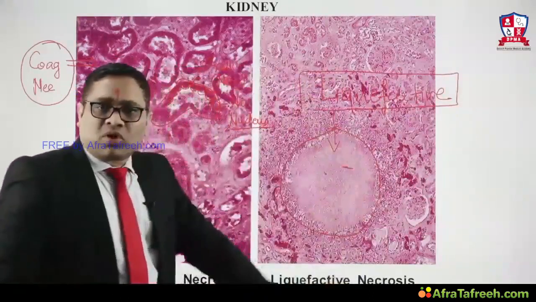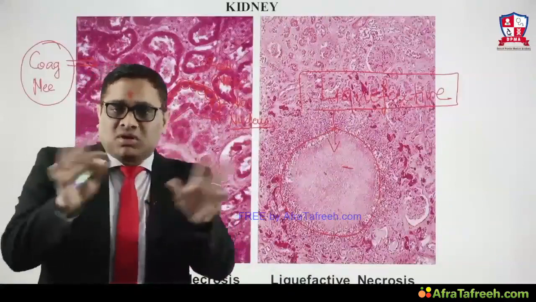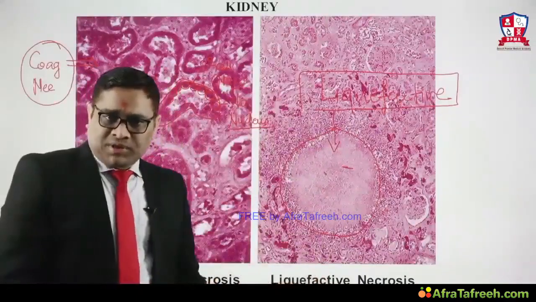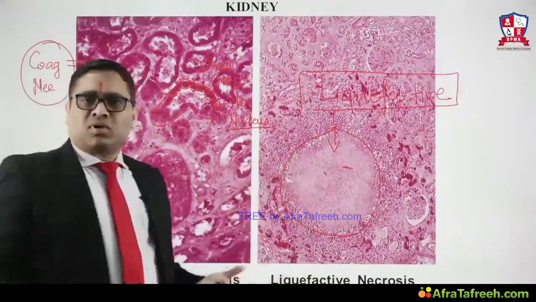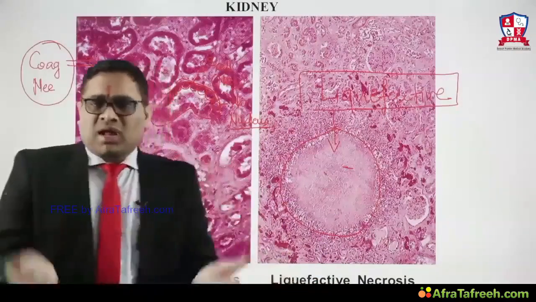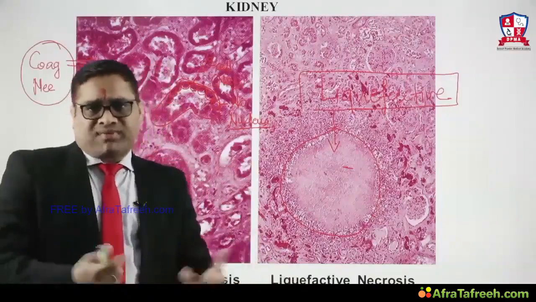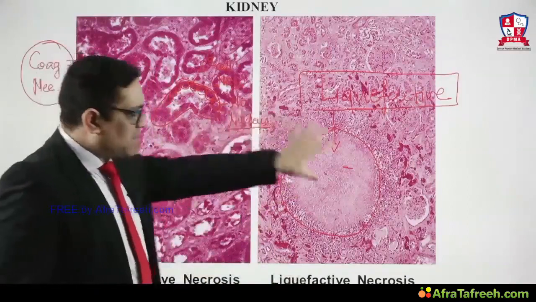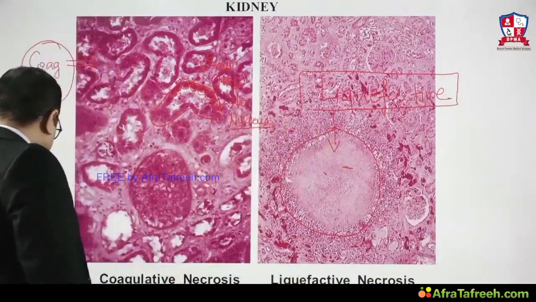See, it's a purely eosinophilic area. No cellular architecture is preserved. This is another specimen of the kidney, but you cannot see any tubule, because the cell outline has been lost. So it's liquefactive. Coagulative, tissue architecture preserved; liquefactive, tissue architecture is lost.